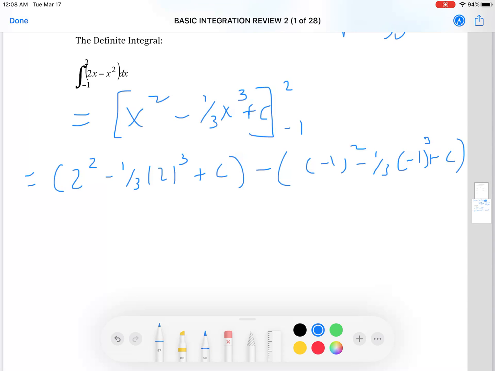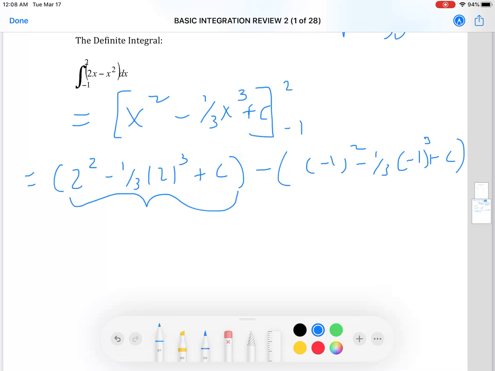Now, if you're somebody who finds that this looks a little bit disorganized and maybe it's hard to keep track of the parentheses, I always advise students, maybe if you're one of those type of people, just focus on one parentheses group at a time and getting the right answer for that.